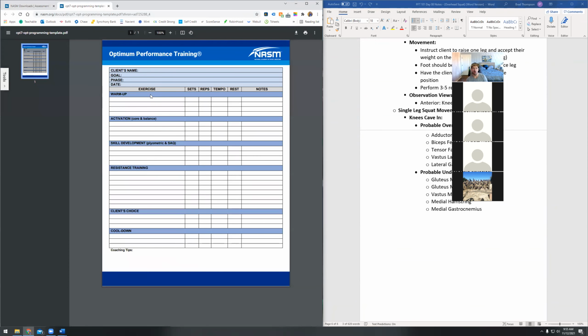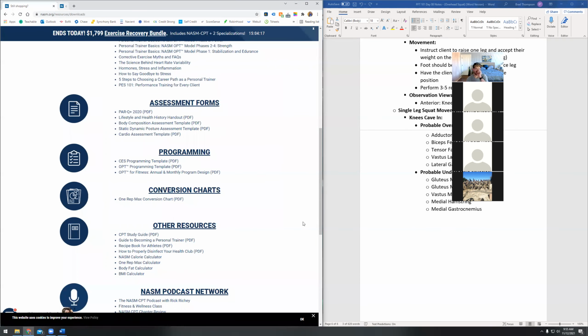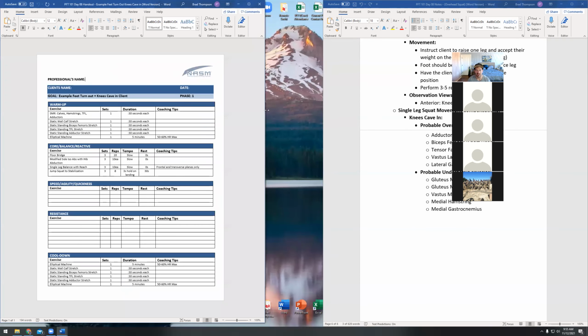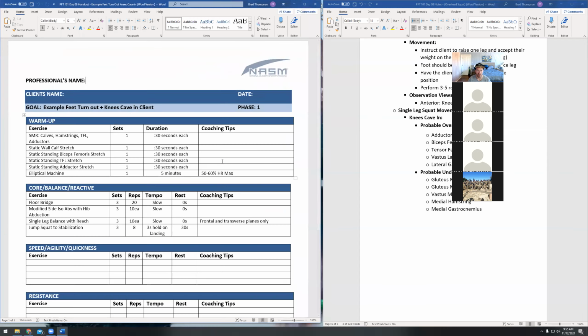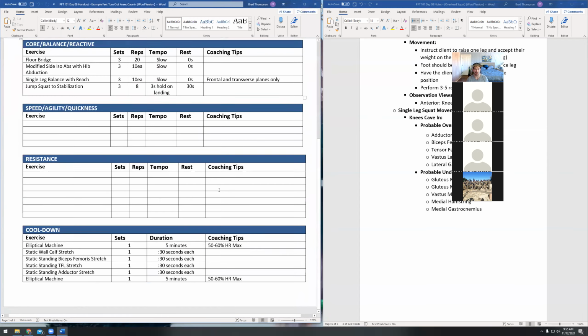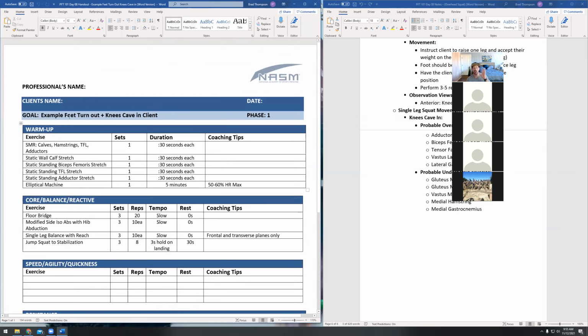Client's name, their goal, what their warm-up muscles are. So this is what that looks like here if we zoom in, right? Under the warm-up section, that is where I am. So professional name, like if this was me, I'd say client name.